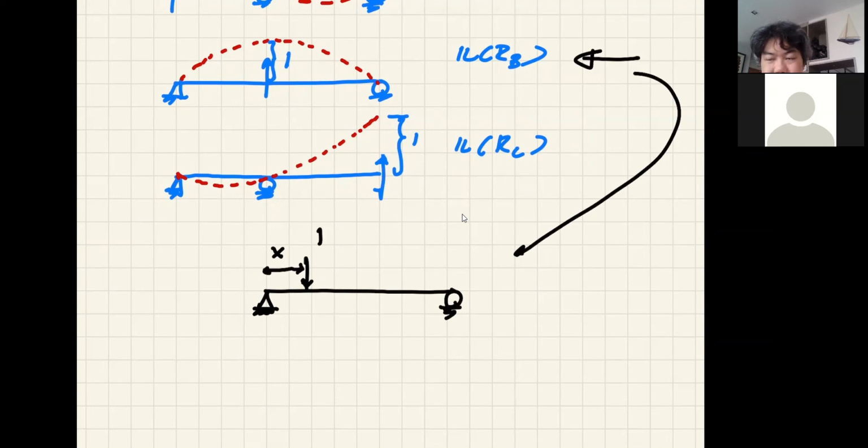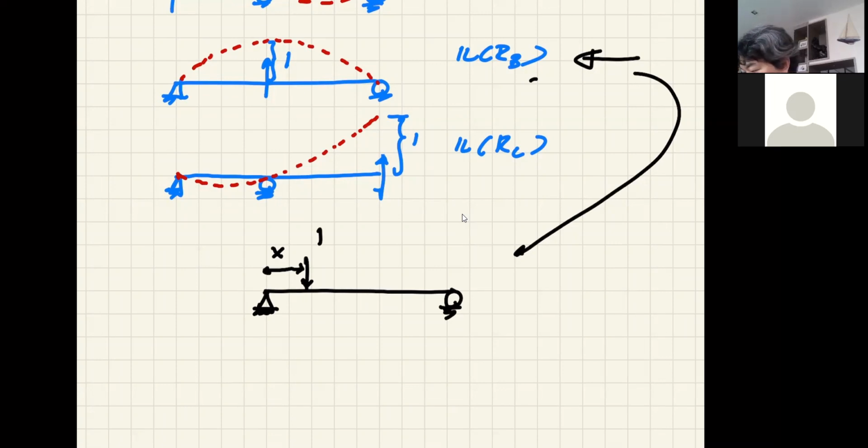All right. Remember that the influence line is constructed by applying the unit load at locations along the beam. And if you want to use the force method to calculate this RB after you apply the load at any location on the beam, you need to calculate the displacement at B due to that load at any location, right?